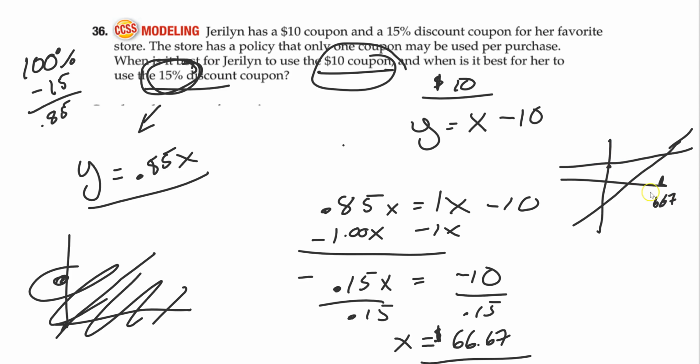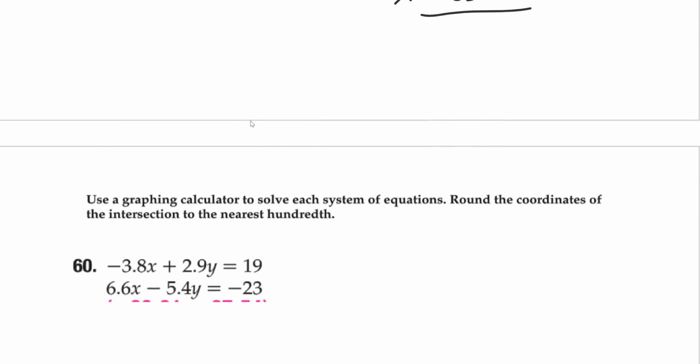It's a little more complicated than normal, because I can't imagine they let you get a negative value on a dress. So I would say from here to here is when it's best to use the $10 off coupon. Every other time, it's best to use the 15% discount, because from right there, they're not going to let you get negative $10. Anyway, that's that problem. Same idea.